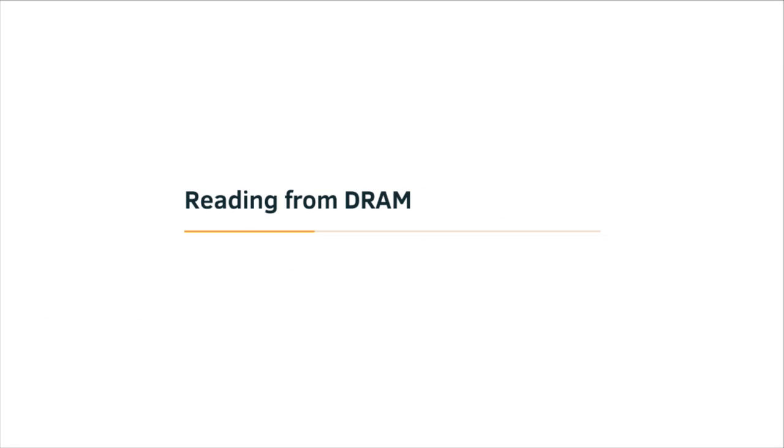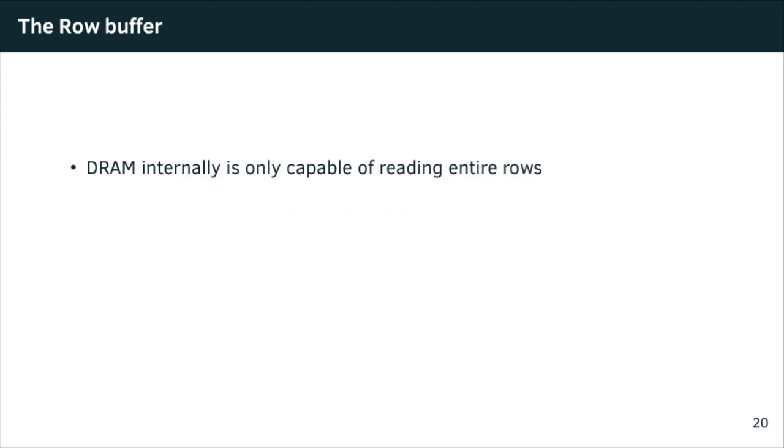So we're going to talk about how DRAM actually works, how you read from DRAM. Internally, DRAM is only capable of reading entire rows. This is a design decision so that you can maintain only 2 components for storing a bit, meaning that the overhead is small for a very large number of bits. So internally, it can only read entire rows.